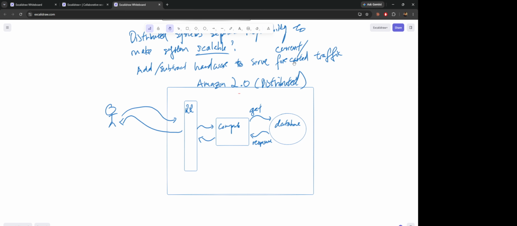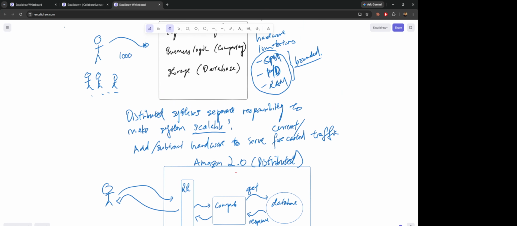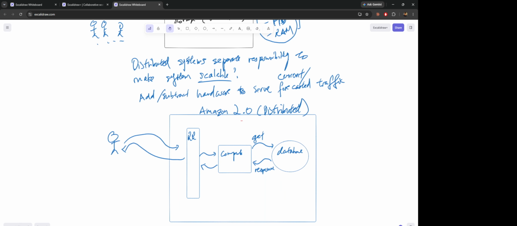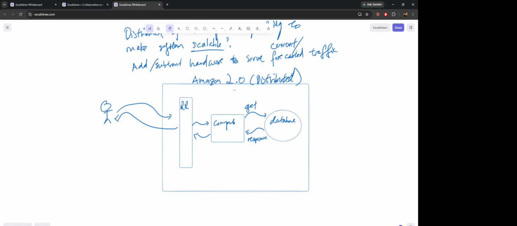Now, the difference here is that in our monolithic application, everything sits on one server, and this one server has the responsibility of doing all 3. Down here, all 3 components are separate components, and they can be scaled out individually.